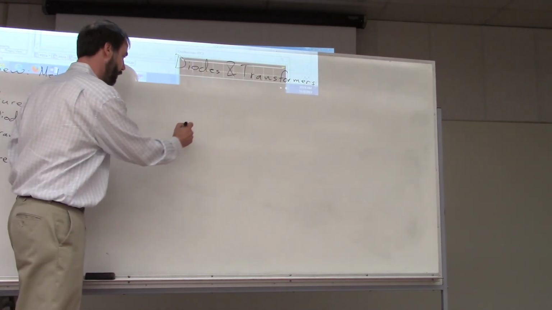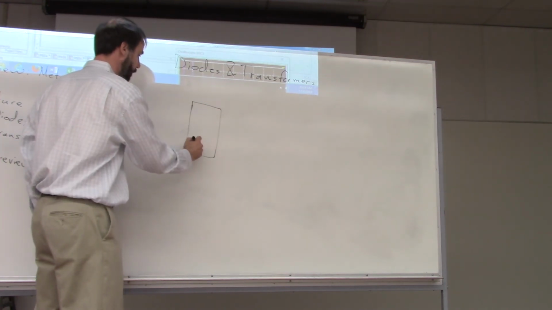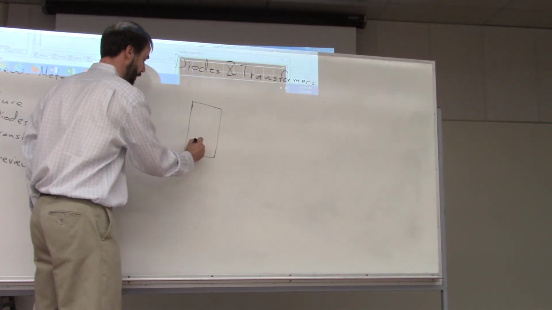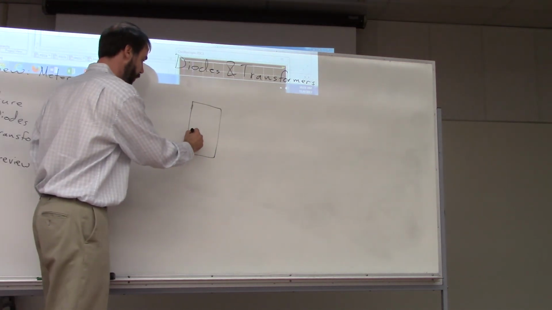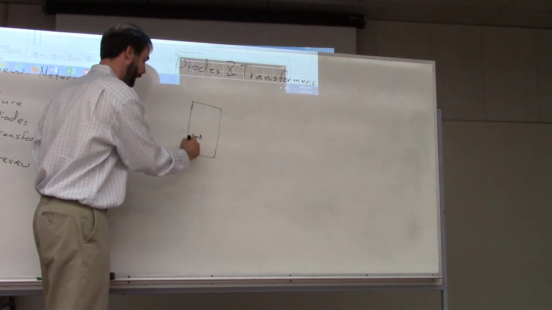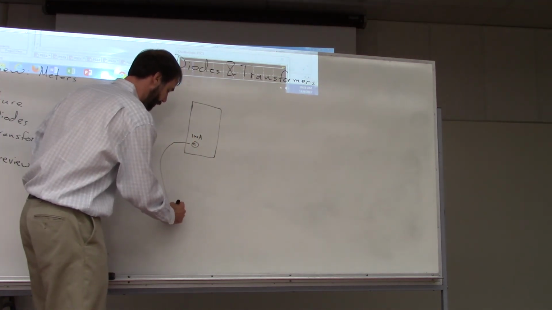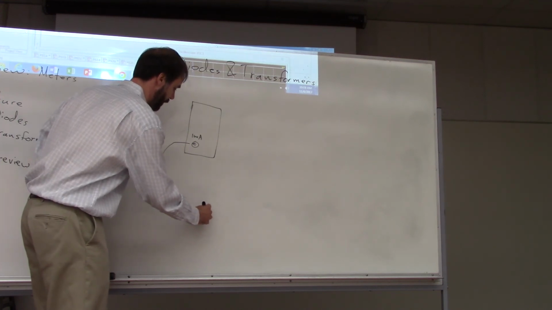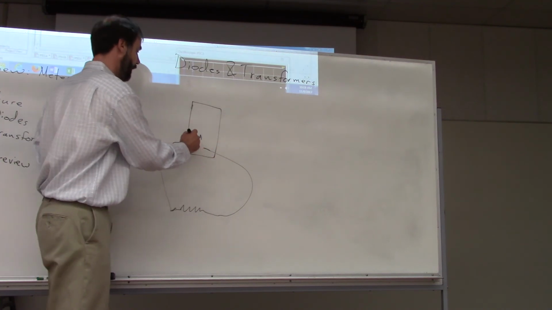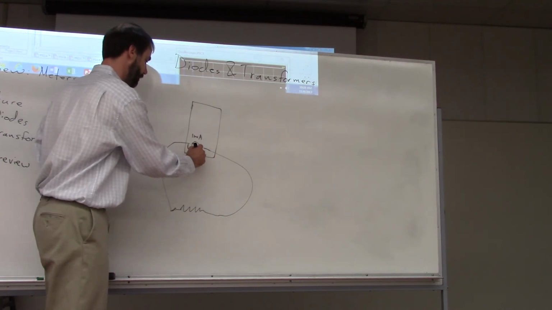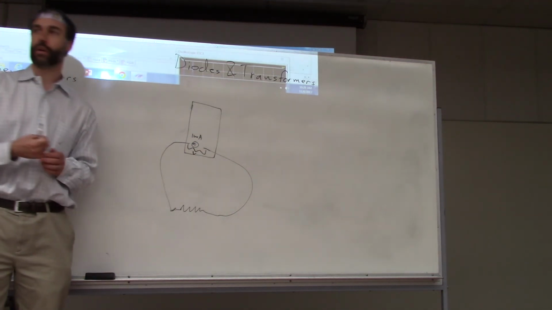So if you have a typical meter, you've got a little current source in here, and you know how much current you're creating, say 1 milliamp. That flows out through one lead, then through a resistor, and then flows back in through another lead, and you measure the voltage there, and then you use Ohm's law to figure out the resistance.